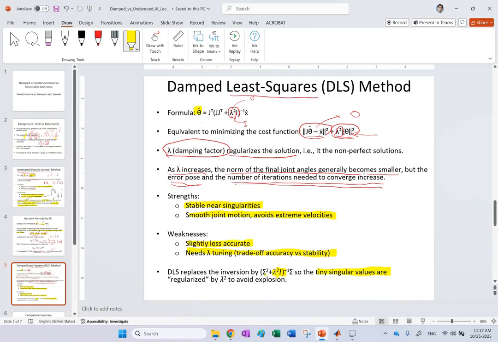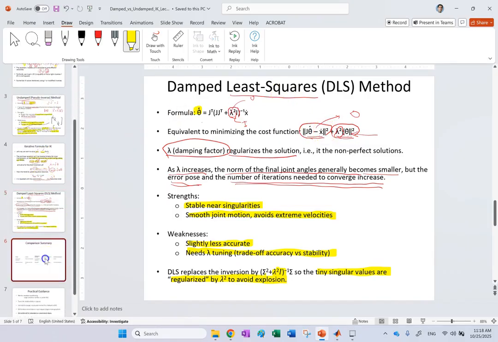They are always a little bit positive, so their inverses are never infinity, and it avoids explosion. Okay, so this is what we call the damped or regularized least squares method for inverse kinematics.